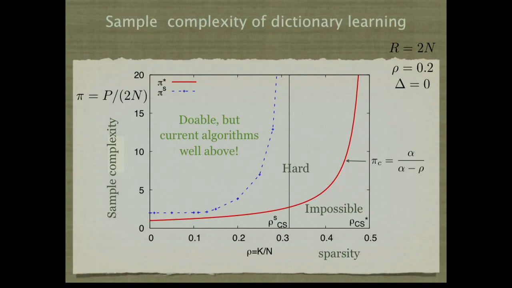So the asymptote of this curve is given by that. If you had infinitely many samples, the best you could do is discover exactly the dictionary. But then even if you had the dictionary, you wouldn't be able to say anything about the signal. And since you're not able to say anything about the signal, you wouldn't be able to discover the dictionary either. The MSE will be very big on both of them. But that's where these asymptotes come from.